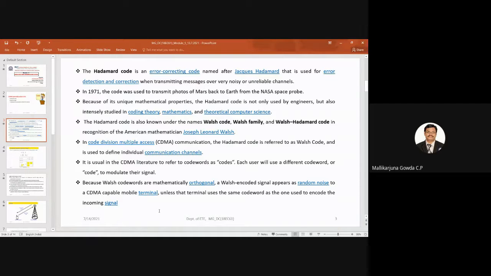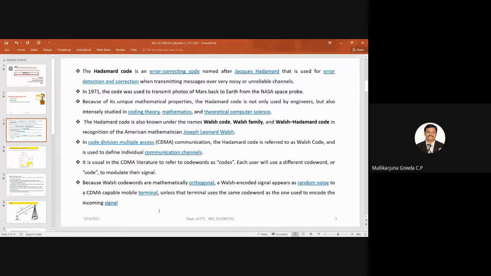In the year 1971 the code was used to transmit photos of Mars back to Earth from the NASA space probe. So this is one earlier application of this Hadamard code. Because of its unique mathematical properties, the Hadamard code is not only used by engineers but also intensely studied in coding theory, mathematics, and theoretical computer science.